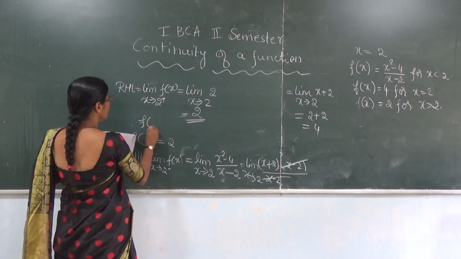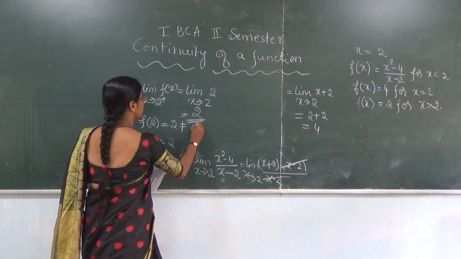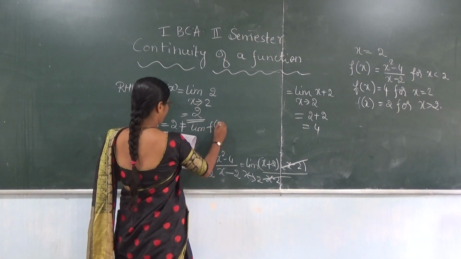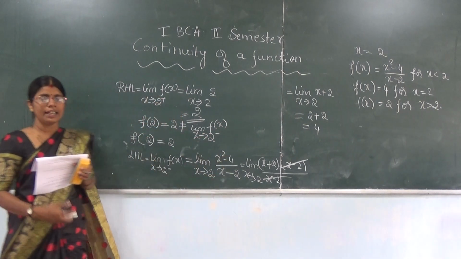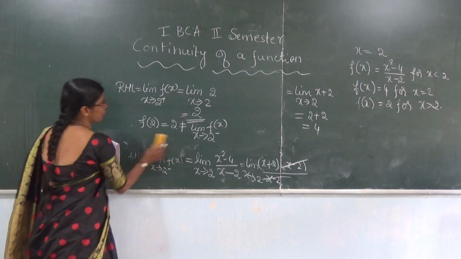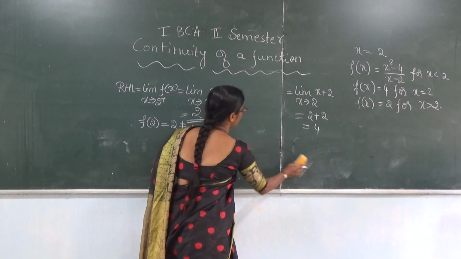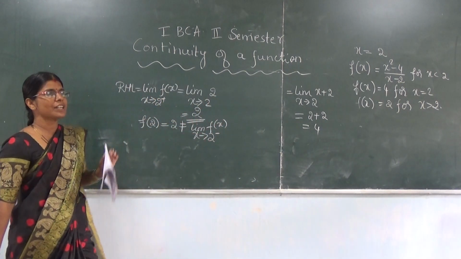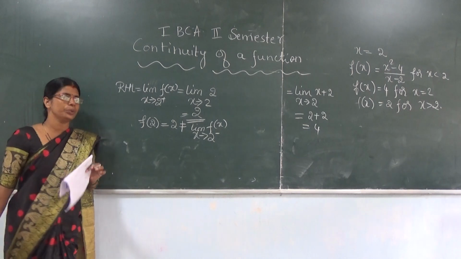F of 2 is equal to 2, but it is not equal to the left hand limit, because the left hand limit is equal to 4. Therefore, the function is discontinuous at x is equal to 2.